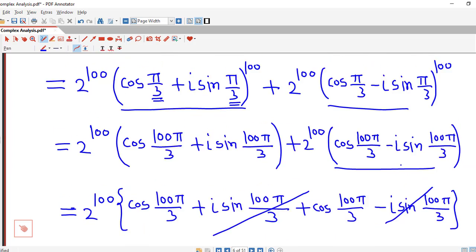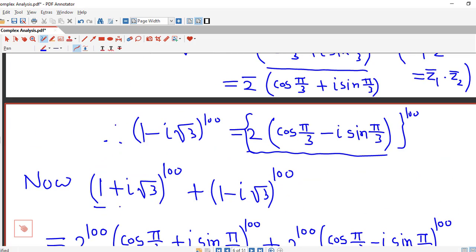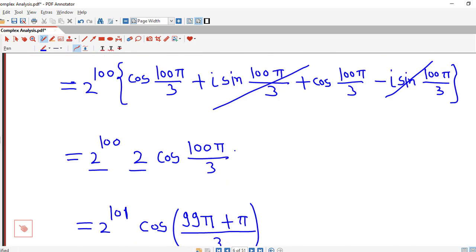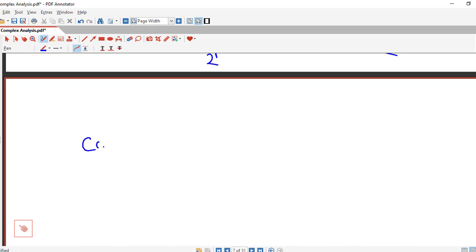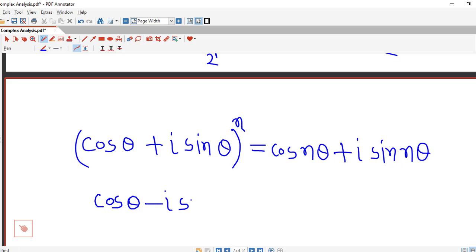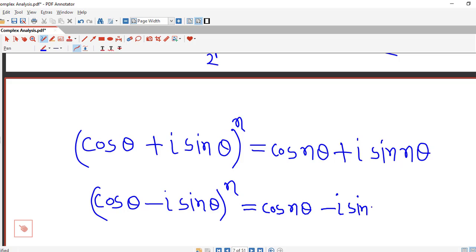So in this way De Moivre's formula is very helpful in simplifying this type of expression. What we have to do is, first we convert our complex number into polar form, and we remember De Moivre's formula: (cos θ + i sin θ)^n can be written as cos nθ + i sin nθ, and if we have a negative sign, then also we can multiply the angle, that is cos nθ − i sin nθ.